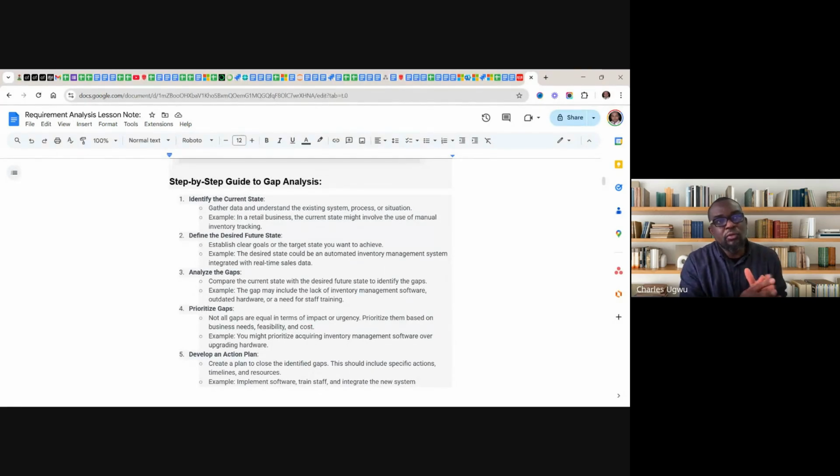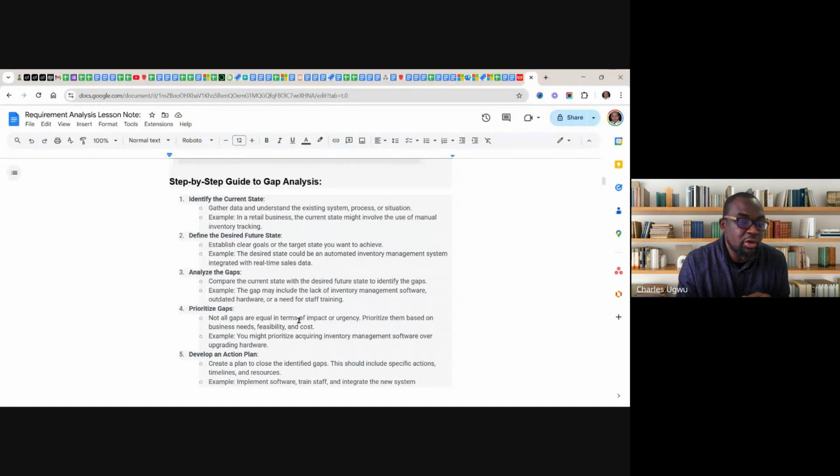During analyzing the gap, you identify so many gaps. But here you might not know, where do I stand? Do I start training the staff first? Is that the first thing to do? No. Or is it to first fix the outdated hardware? So you need to prioritize what comes first. Not all gaps are equal in terms of importance and urgency.